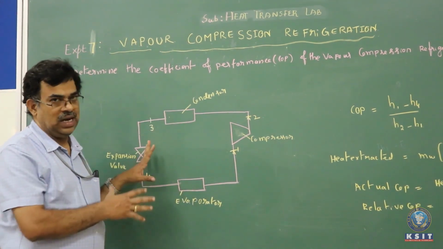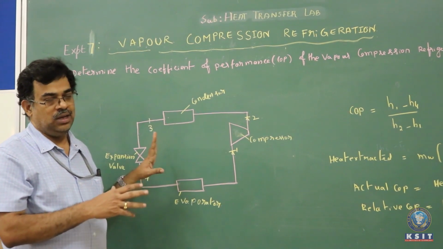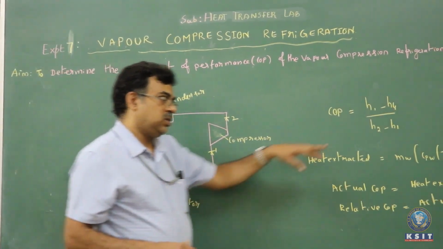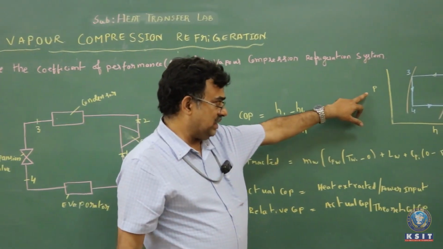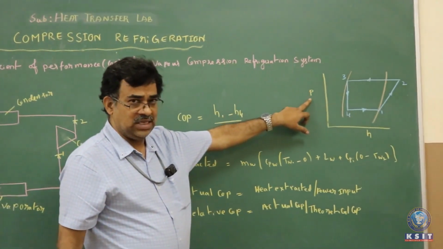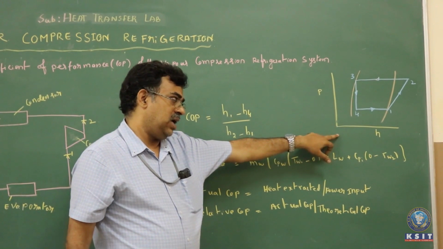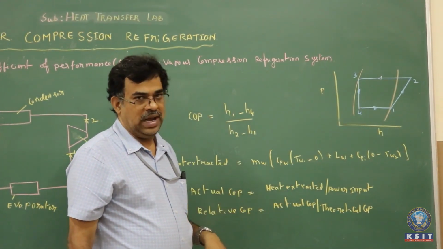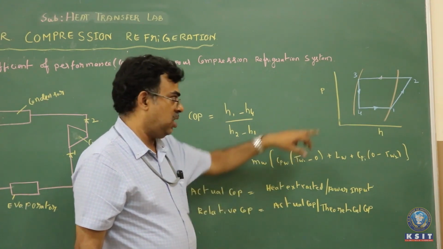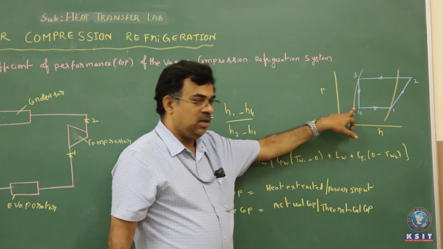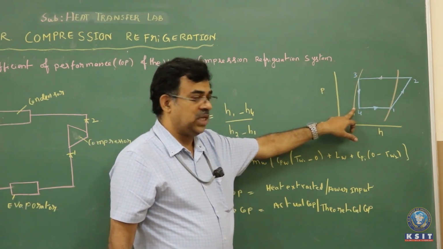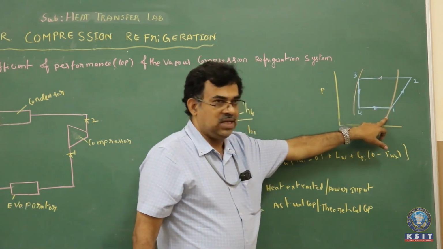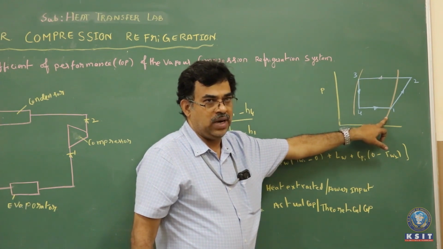Now when you do the calculation, we need the pH chart. The pH chart has pressure on the y-axis and enthalpy on the x-axis. We have two lines in the pH chart. This thick line represents the saturated liquid line, and this line represents the saturated vapor line.